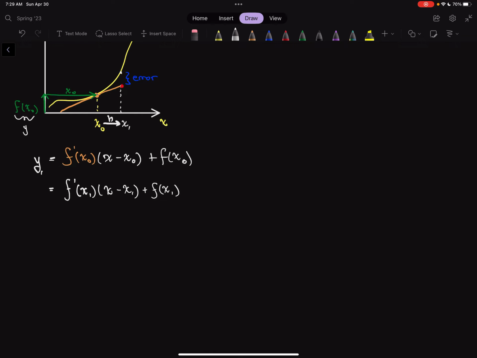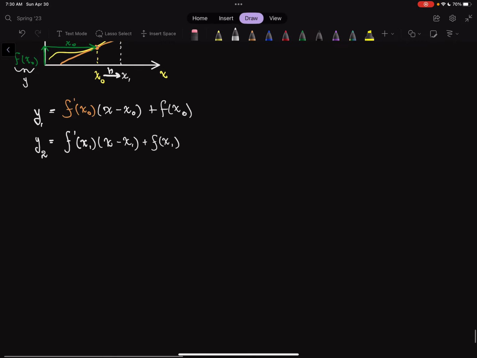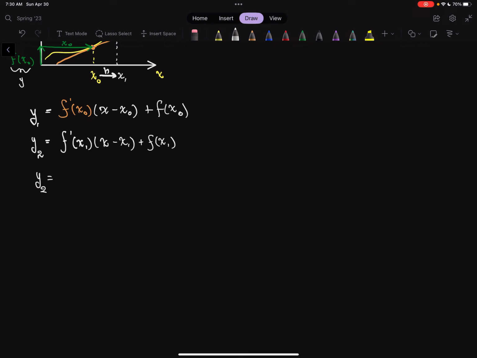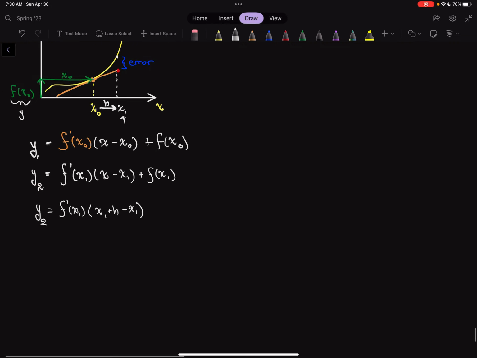And what is that going to be? That's going to be our y sub 2. Now, we can rewrite this as y sub 2 is equal to f prime of x sub 1 times x, which is going to be x1 plus h minus x1, because this is equal to x naught plus h.